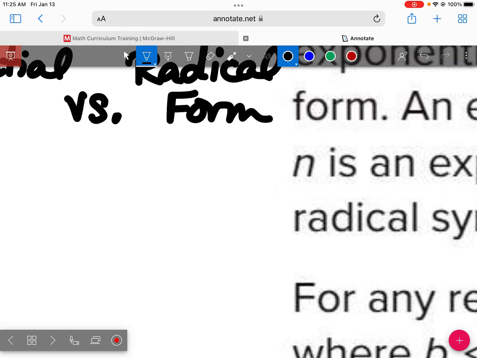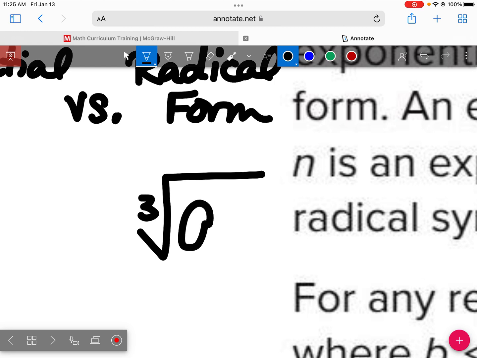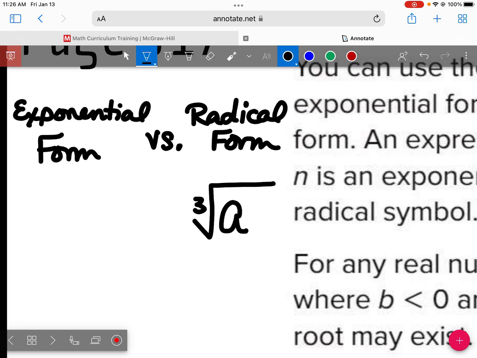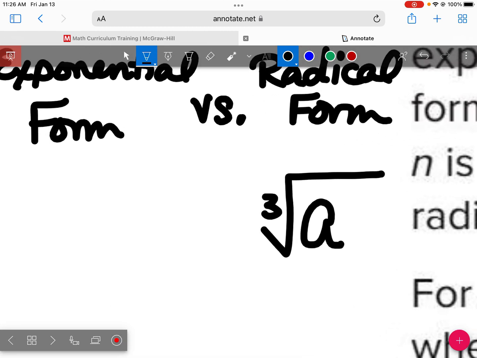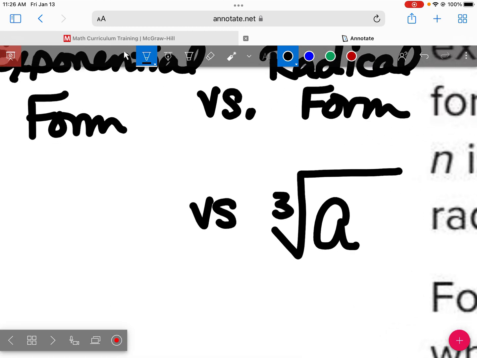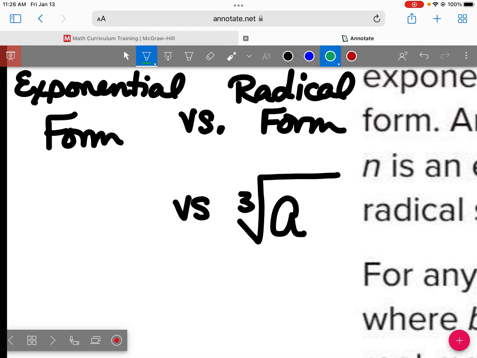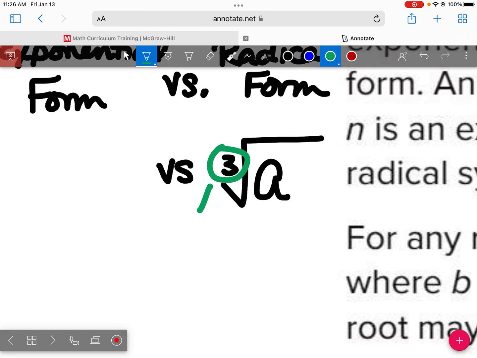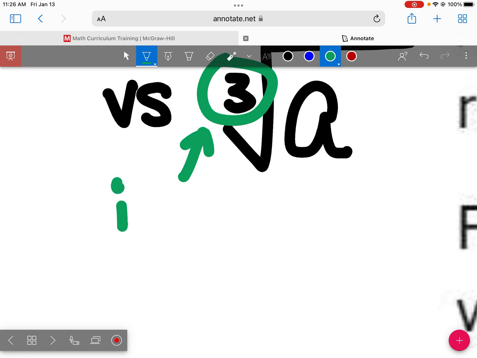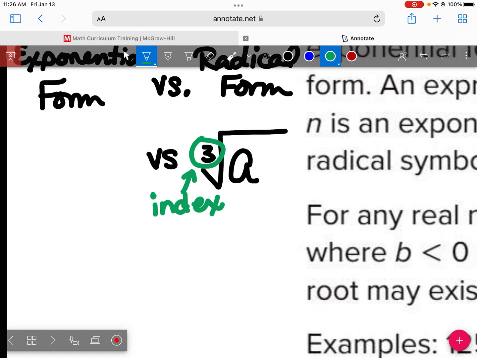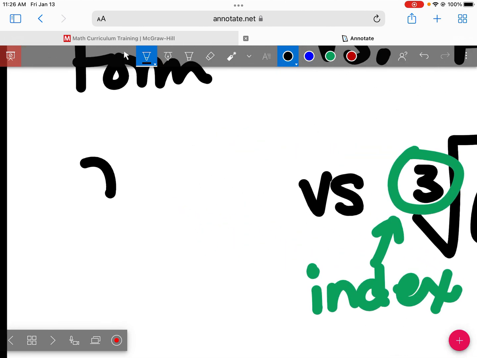For example, if I had something like this, if I had something like that, the exponential form of that, my index becomes the denominator when I'm in exponential form.